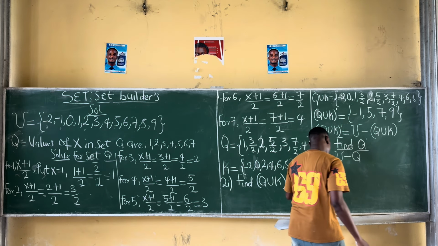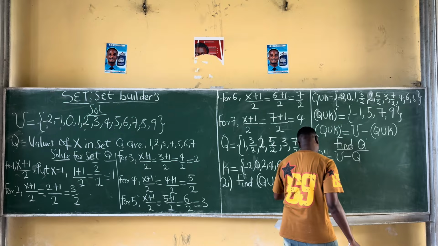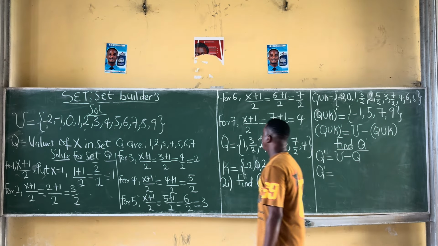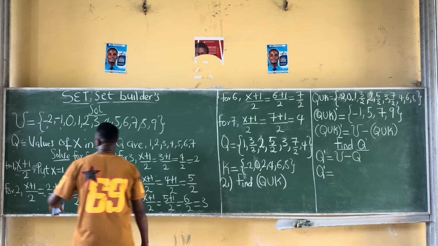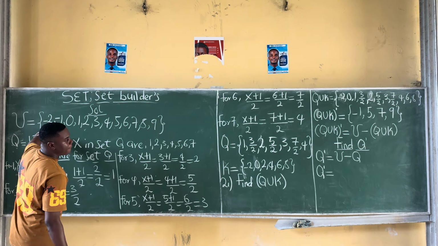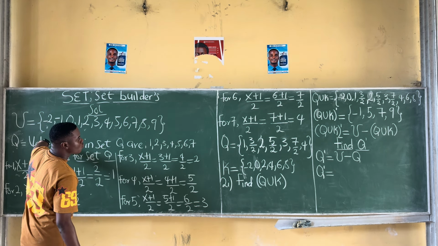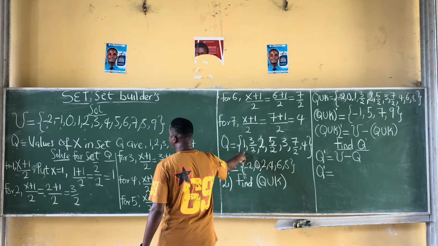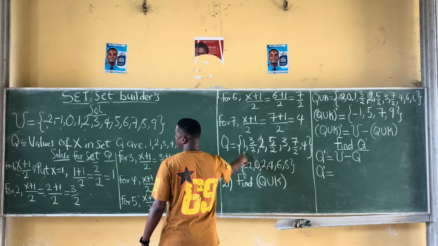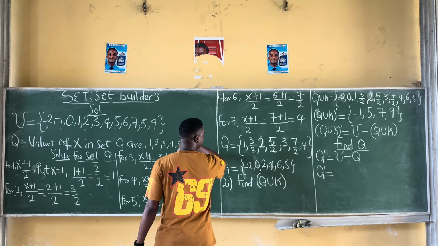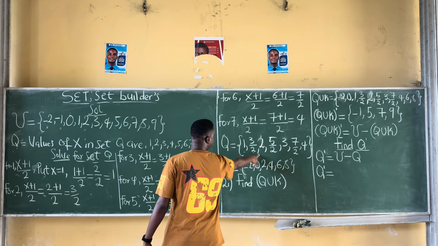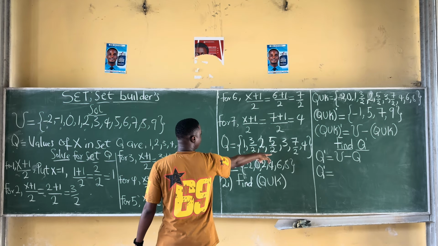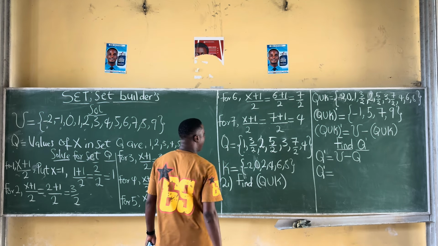So what are the elements we have? Now let's start. Over here, elements we can find: 1 is there, so we cannot add 1. 3 over 2 is not over here. 2 is there. 4 is there. 3 is here. So let's say the whole numbers are all here.